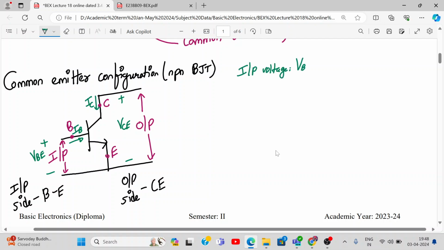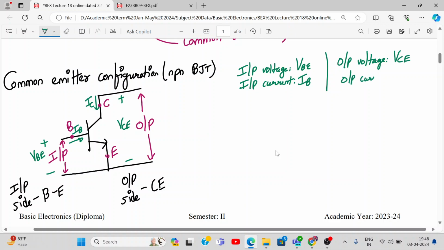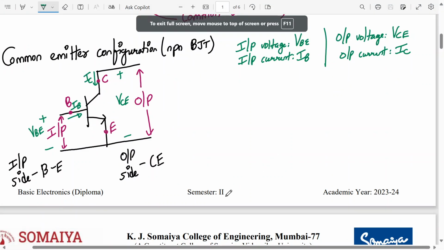Yes. Input current, base and emitter में IB, right? ठीक है? Output voltage VCE. हाँ, and output current IC. Okay? Yeah, clear it is?